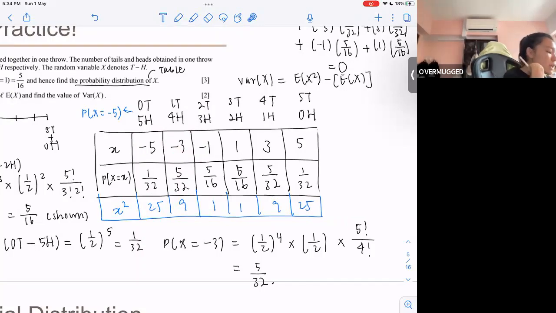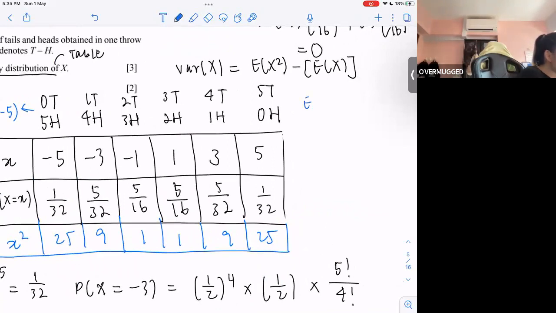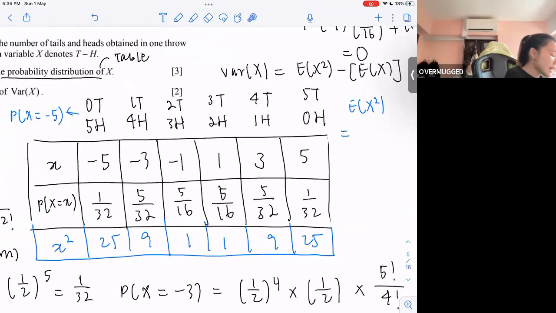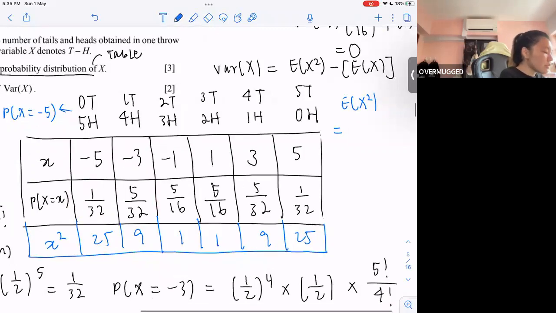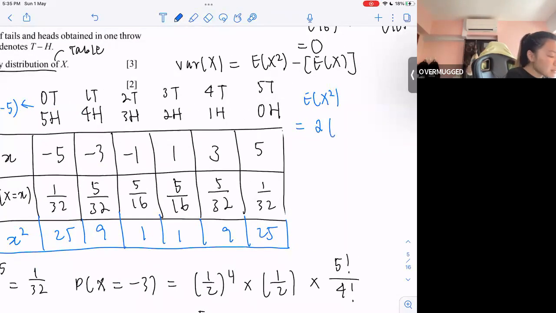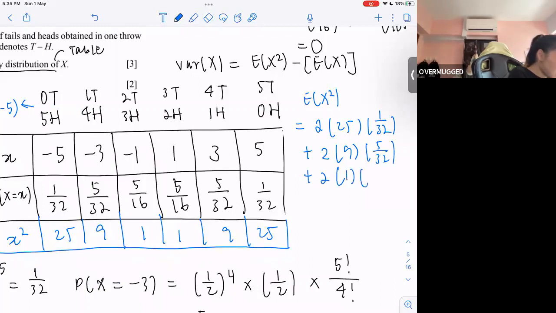How you tabulate E of x squared is the same as how you would tabulate E of x. It's just using this x squared over here. So it will be this times this plus this times this, and so on and so forth. And you realize that you get 2 times 25 times 1 out of 32, plus 2 times 9 times 5 out of 32, plus 2 times 1 times 5 out of 16.